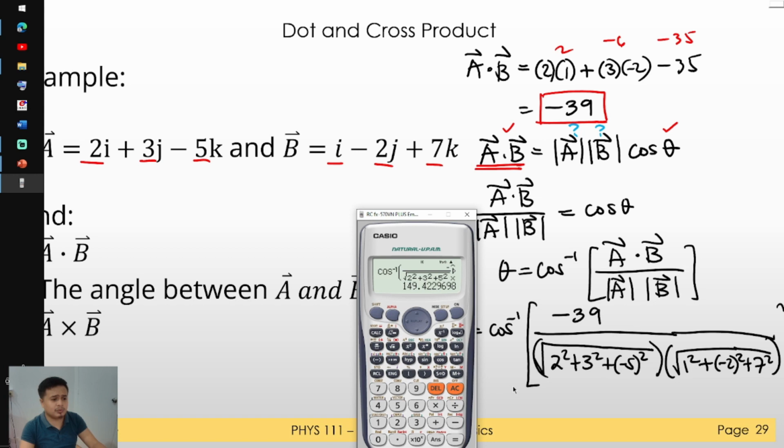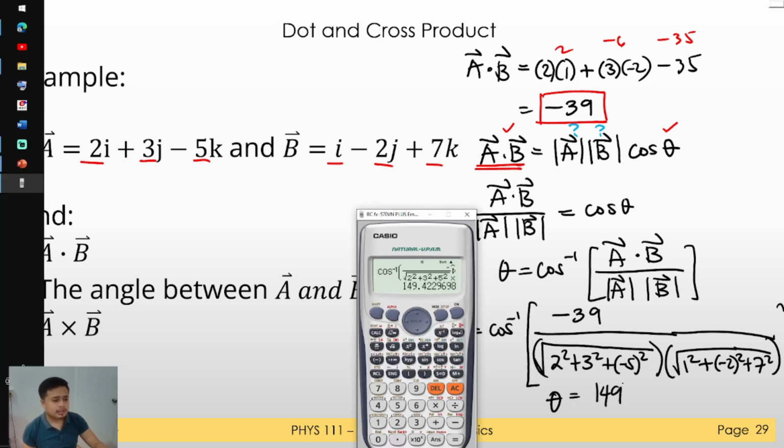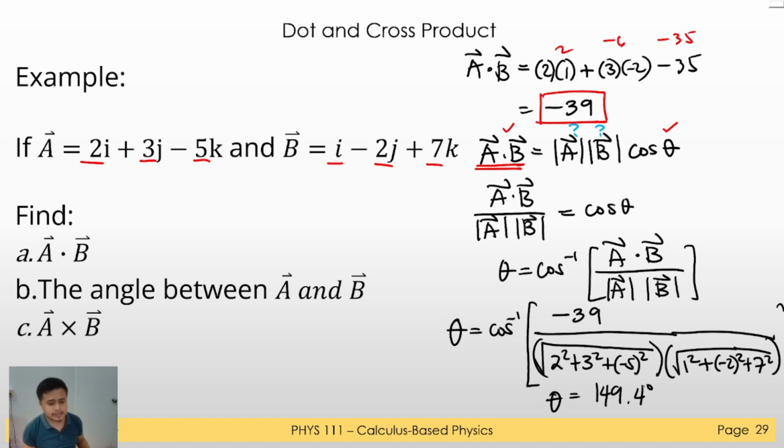Okay, so the angle will be 149 degrees. So theta is equal to 149.4 degrees. This will be your final answer for the angle between A and B. If you have vectors A and B, the angle here will be this theta.